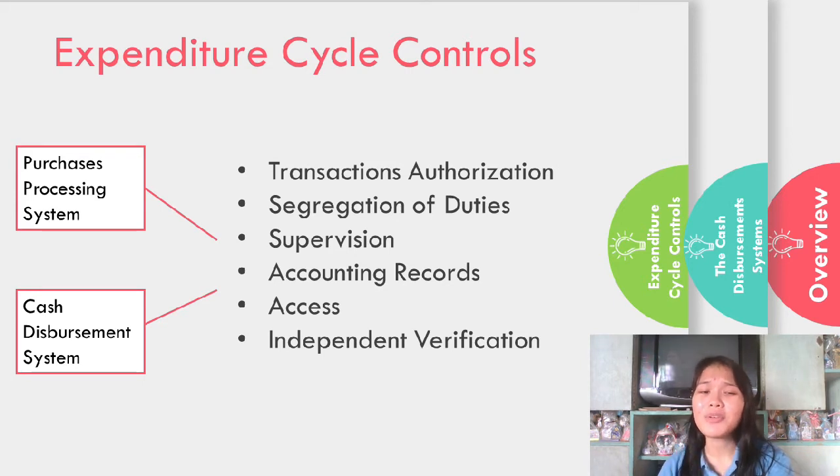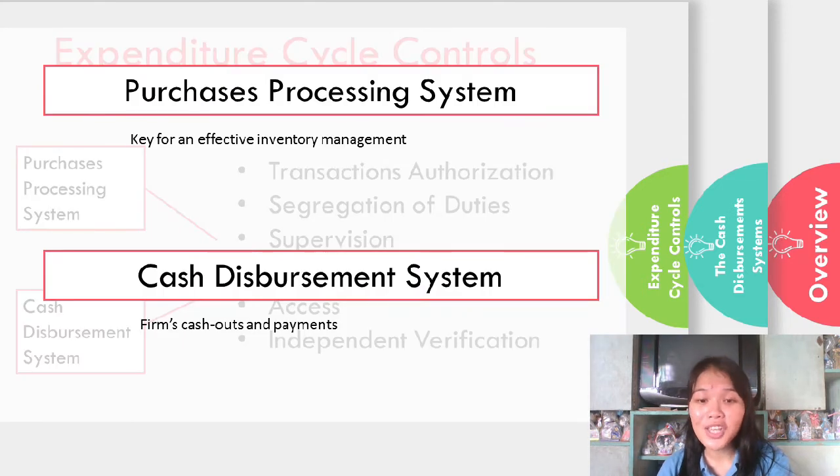To refresh your memory, the purchasing system has something to do with the process of buying products and services, covering purchase requisition and purchase order through product receipts and payments. In short, it is the key for effective inventory management of a firm because it helps in determining what to buy, how much to buy, and when to buy. Yes, if you can remember, EOQ applies here.